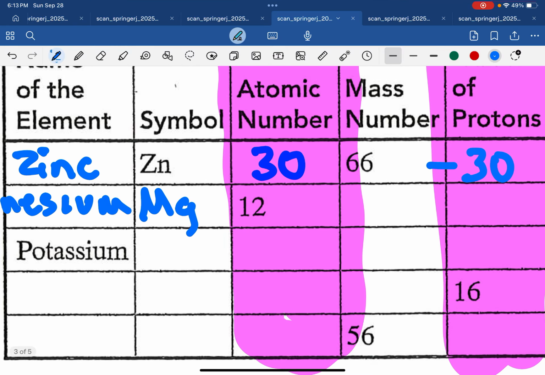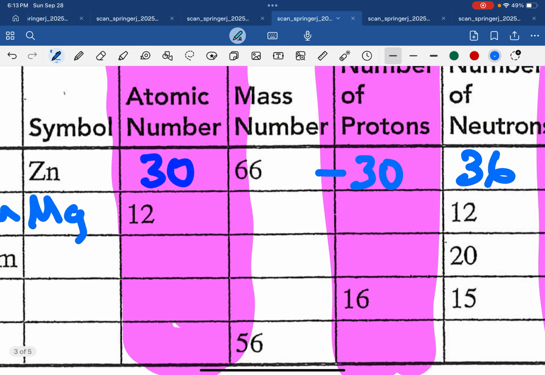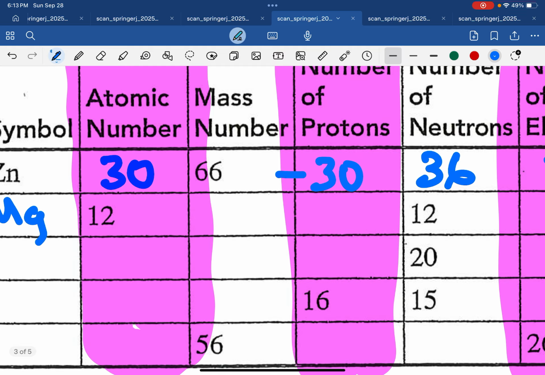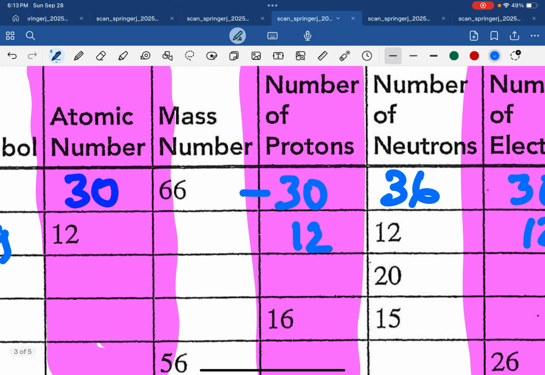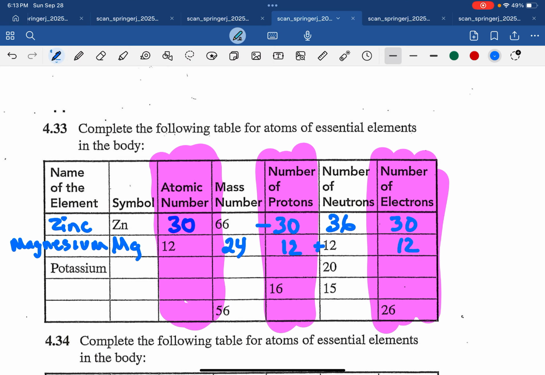Magnesium, atomic number 12. We have the number of neutrons is 12. We know this is a 12 because the pink columns are all the same. So then if 66 minus 30 was 36, then 12 plus 12 would be 24. And that'd be our mass number. So you have to either subtract the number of protons from the mass number, or add the protons plus the neutrons.